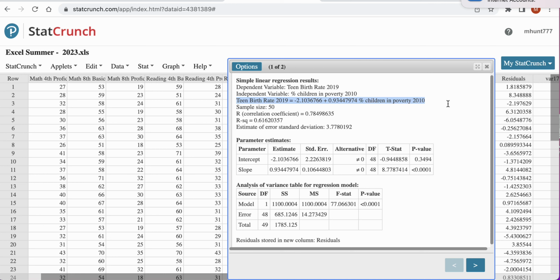R squared, which is also called the coefficient of determination, is 0.616. We care about those numbers, and those are really the only numbers that we do care about on this particular output.